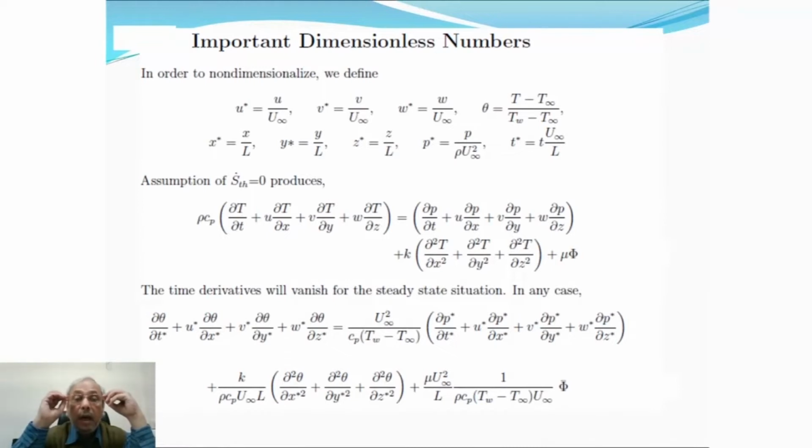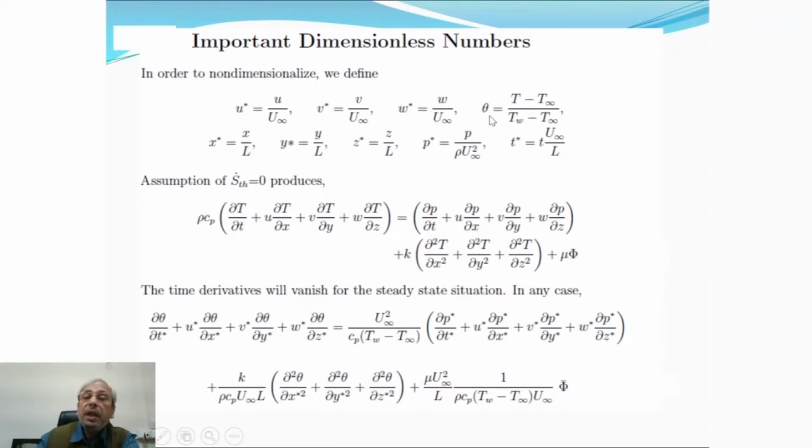Then the velocities are non-dimensionalized with respect to a reference velocity, which is u infinity. If it is flow over a flat plate, for example, when the flow has not come over the flat plate, the approach flow, the u infinity is the unperturbed flow. So u star is u by u infinity. Similarly, v star is v by u infinity, and w star is w by u infinity.